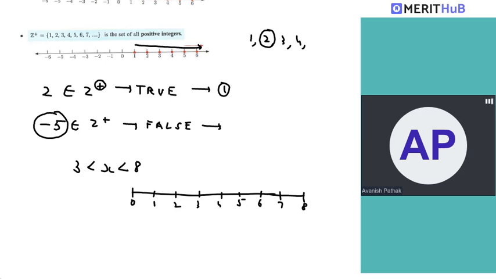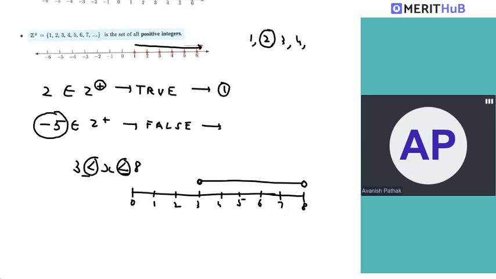Since we have the greater than and less than signs here, we put a hollow bubble, and that goes from 3 to 8. Very important: a hollow bubble means strictly less than or greater than.